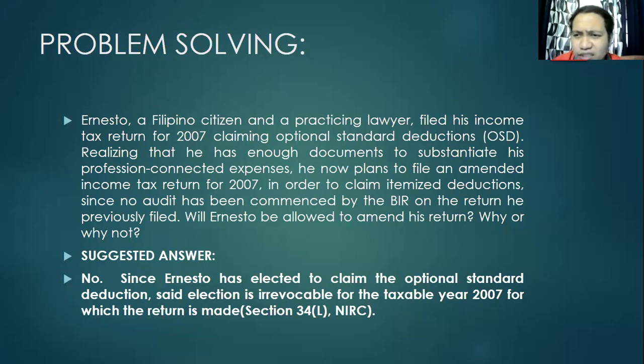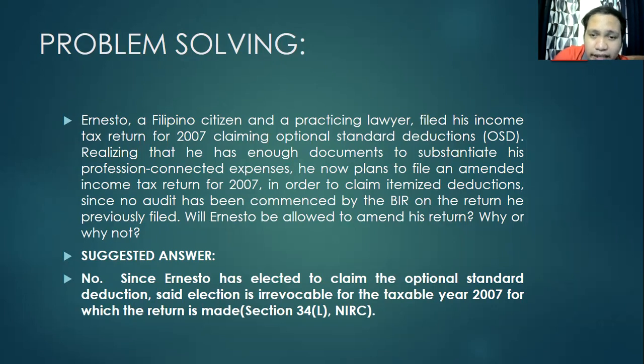So, na-realize ni Attorney Ernesto, meron naman pala akong sapat na mga proof, mga resibo, diba? To prove yung mga itemized deductions ko, yung mga expenses ko para ma-deduct. Diba? And probably mas makakababa siya or mas makakatipid siya, diba? Ng babayaran niyang total taxable income or yung tax due and payable niya.